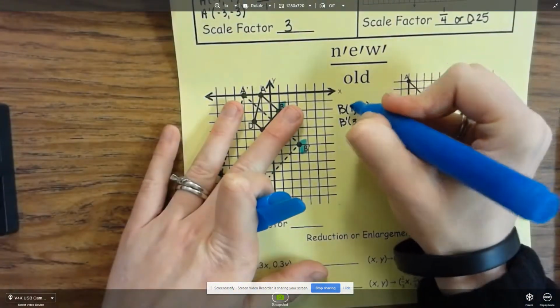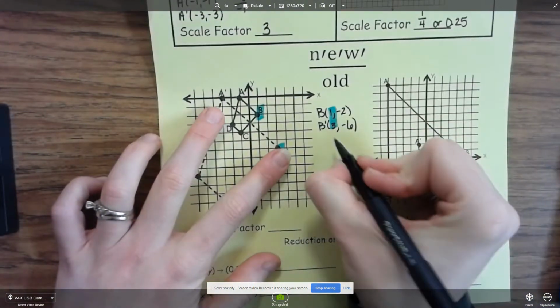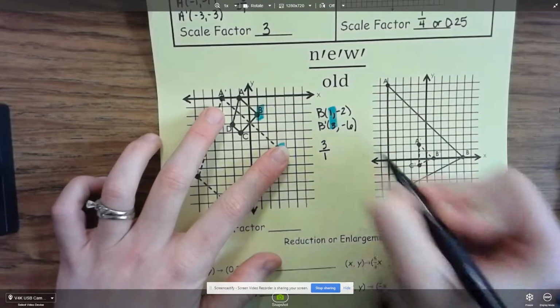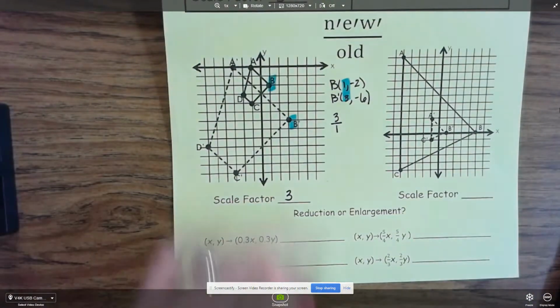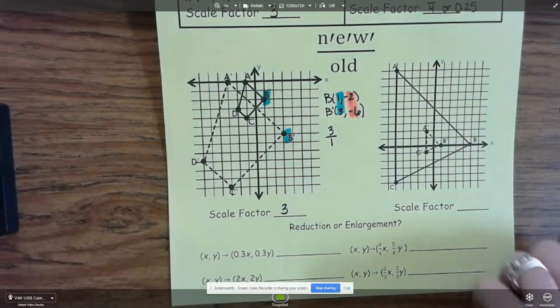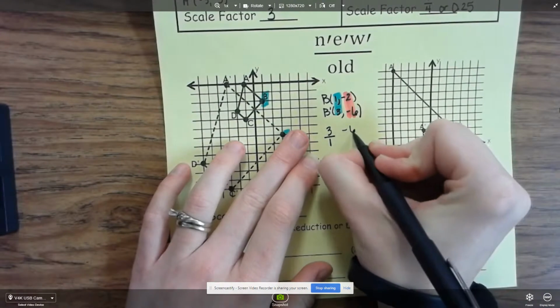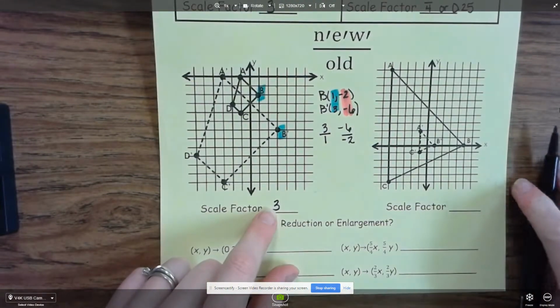And so again, it will work for either X or Y. So new over old, so the new is 3, old is 1, so 3 divided by 1 is 3. If you did decide to do the Y, you would get the same exact thing. So the new would be -6 divided by -2, and again, you're still going to get 3.